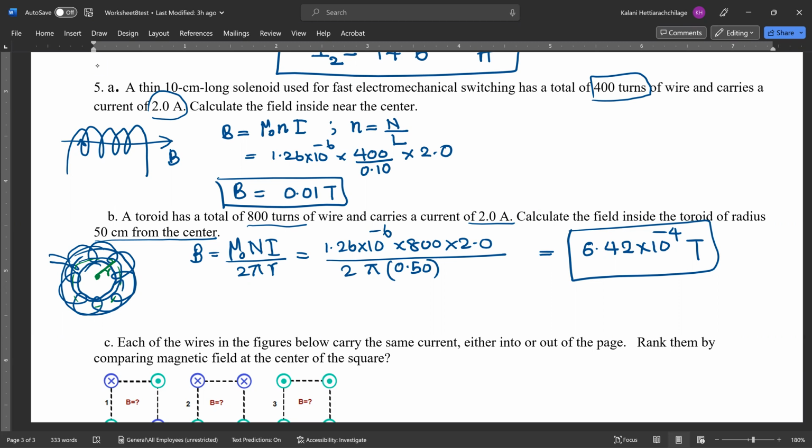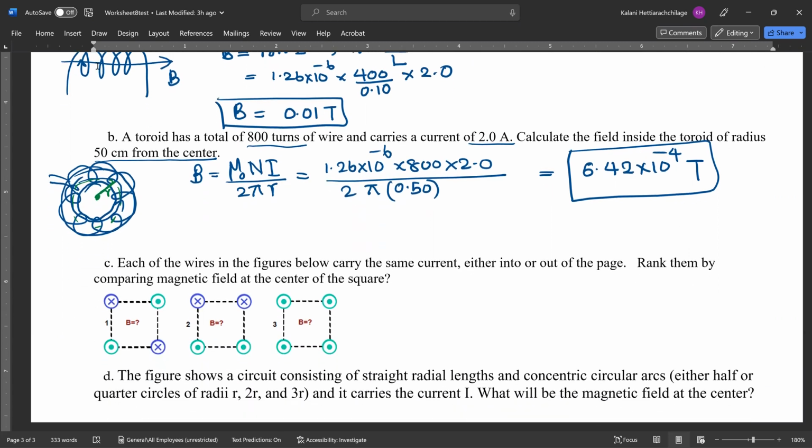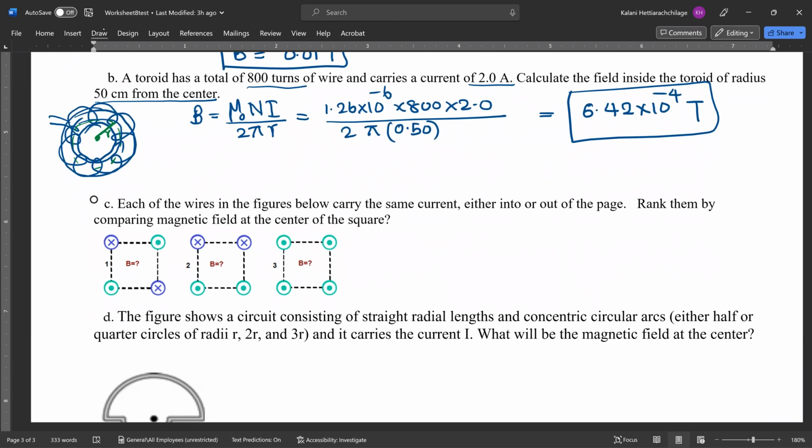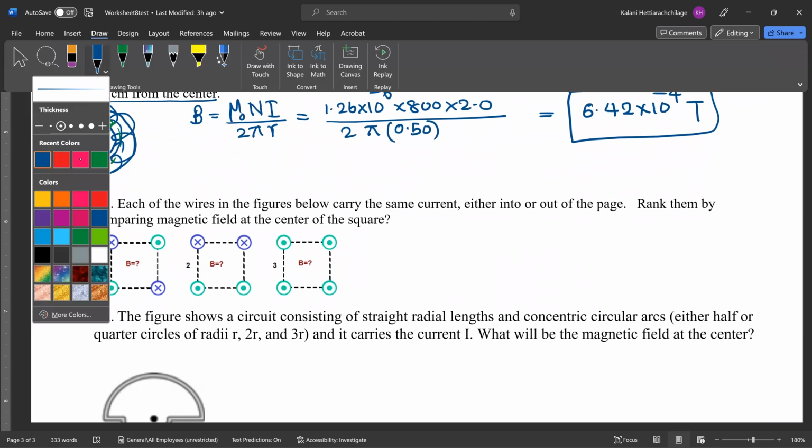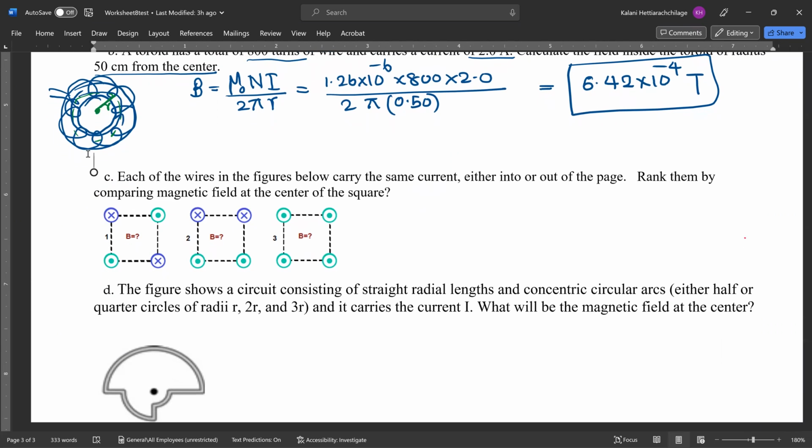Now part C is the concept question, where we try to get an understanding of how the magnetic field behaves if you have many wires in a square-shaped pattern. I have diagrams 1, 2, and 3, and what you see are the current directions, either into or out of the page.